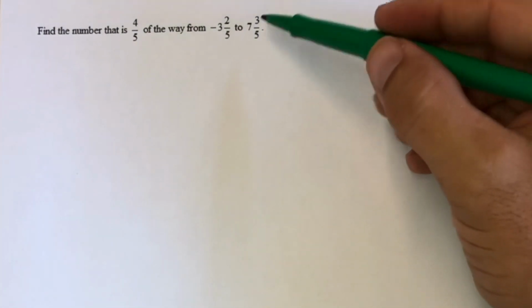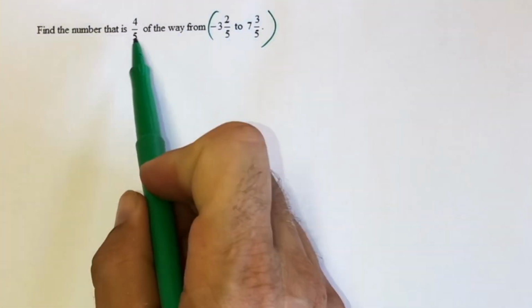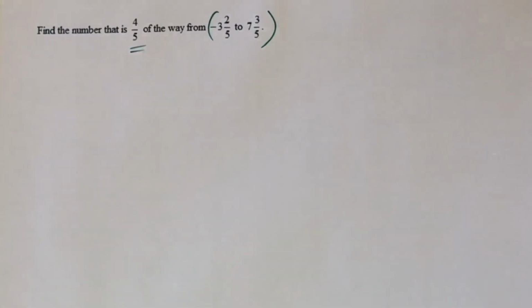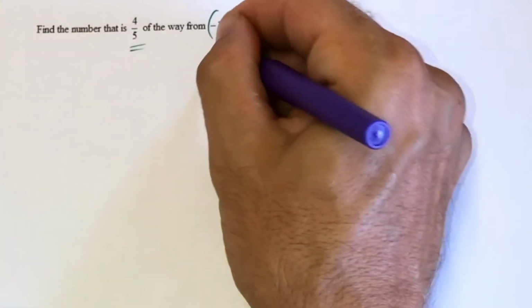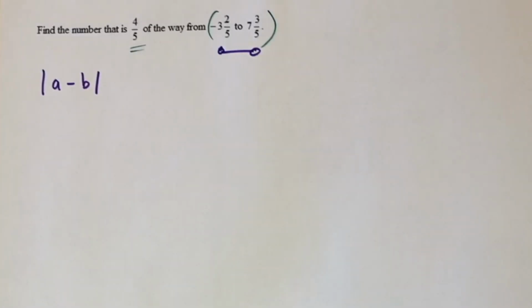This is a good question because it involves finding a distance and then going a fractional amount of the way from one point. So if I'm working with that, the first thing I want to establish is what is the distance from here to here. And in order to do that, I have to use my distance formula.